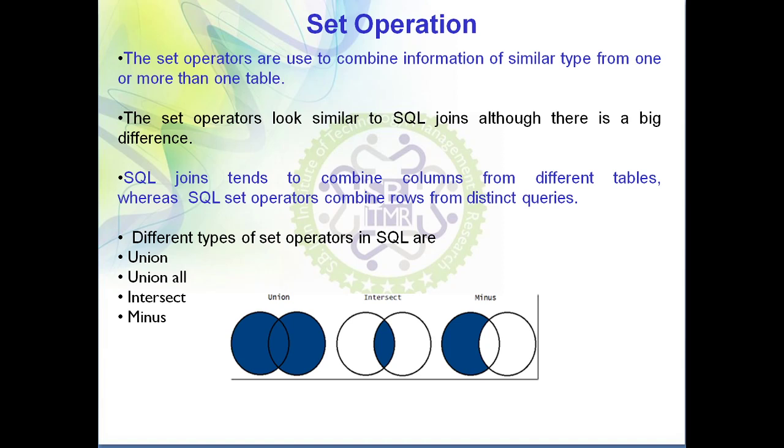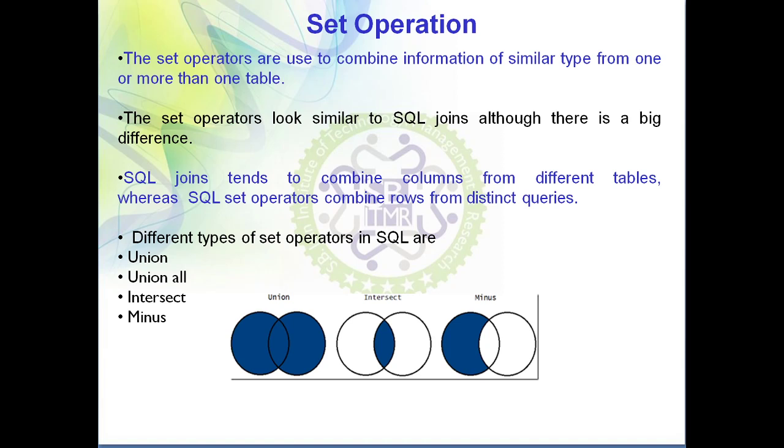That means it is used to combine information of similar type. A set operator is very similar to a join, but there is a difference. I told you in the last we are going to discuss the difference between a join operation and a set operation. In short, you need to remember, set operators are used to combine the information of similar type from more than one table.